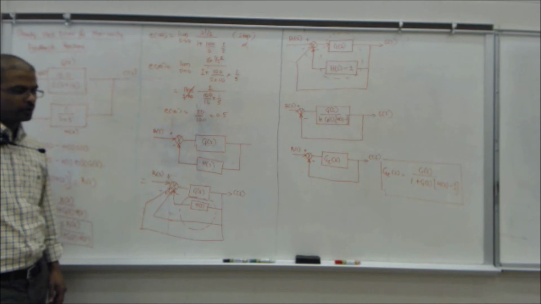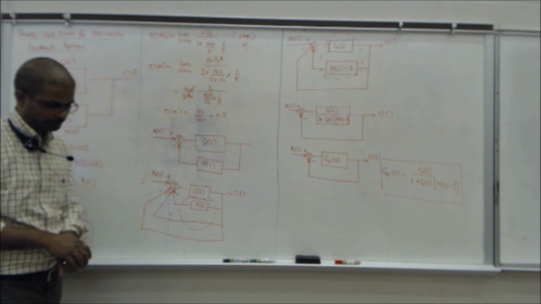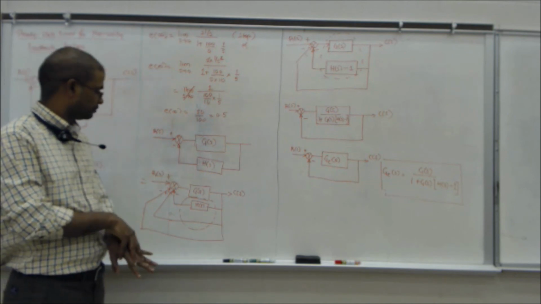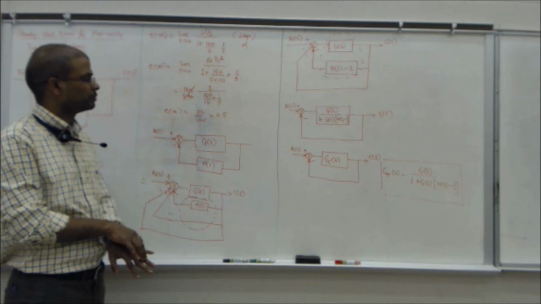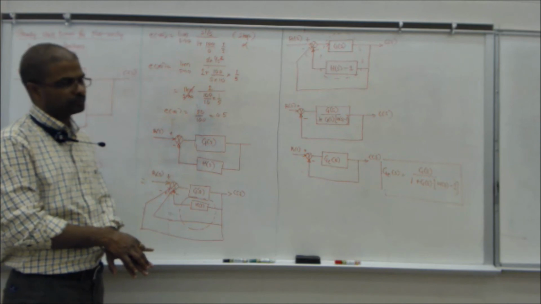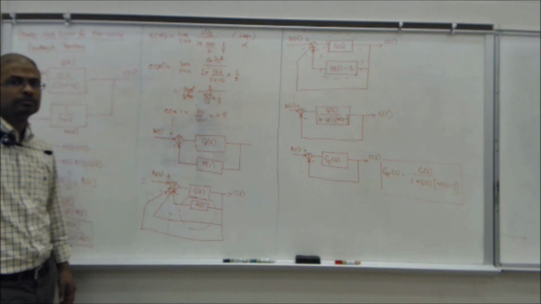So this is how you would approach a non-unity feedback system. Can you explain, I see what you did, but what was the name for this? Did you take a non-unity feedback system?